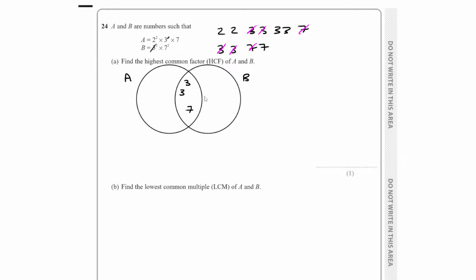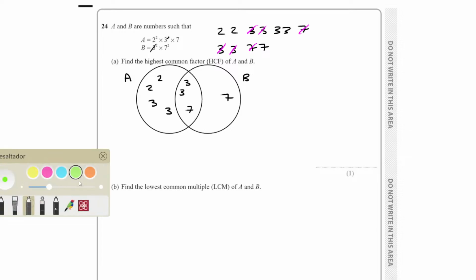Now you can fill out the rest of it, because part B is the lowest common multiple. So once you've done that, the rest goes on both sides. For example, A would have 2 3's and 2 2's, and then B would just have a 7. So I've filled out the whole Venn diagram. The ones they have in common, do you see how I only wrote 1 3 to represent the pair of 3s and 1 3 to represent the other pair and 1 7? And then the rest goes on the outside.